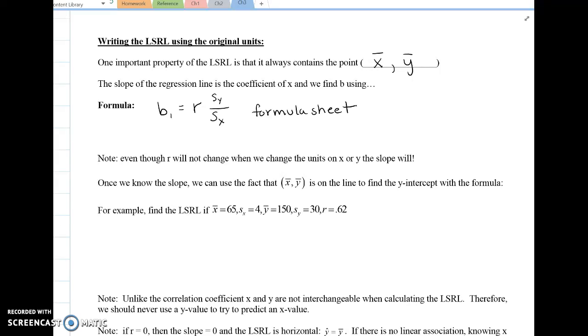Once you have the slope, to find the y-intercept, you know that the line always goes through (x bar, y bar), so you have the slope, the y average, and the x average, and you find b sub 0, the y-intercept, by just solving for the variable.